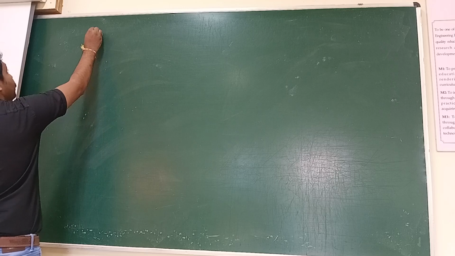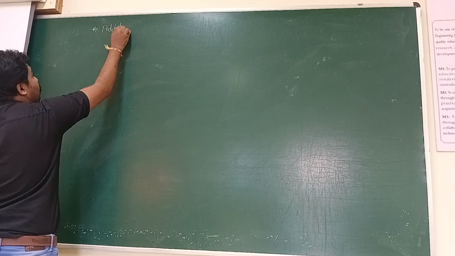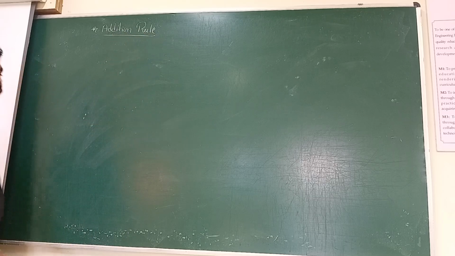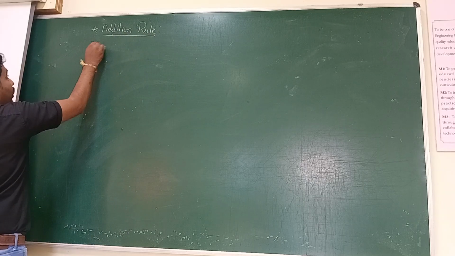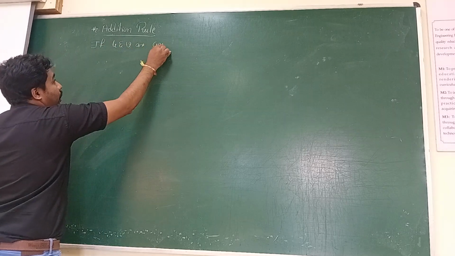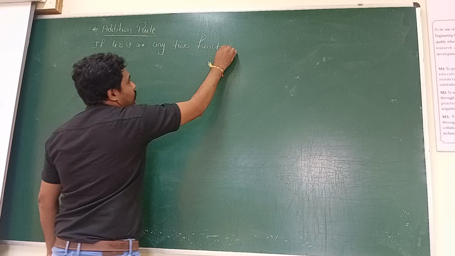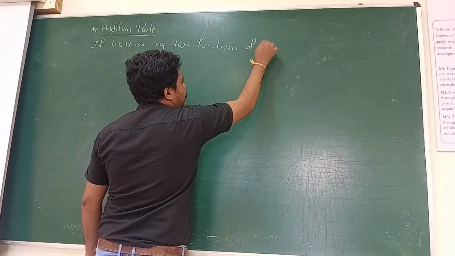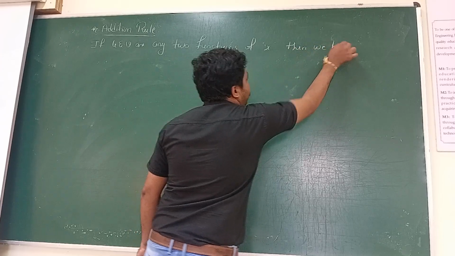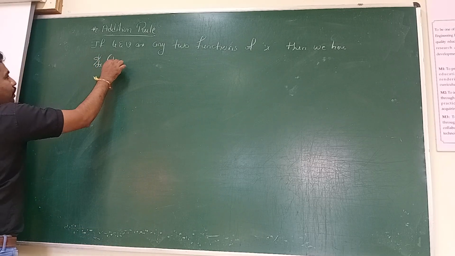The first one is addition rule. So what it says: if u and v are any two functions of x, then we have differentiation of u plus v.